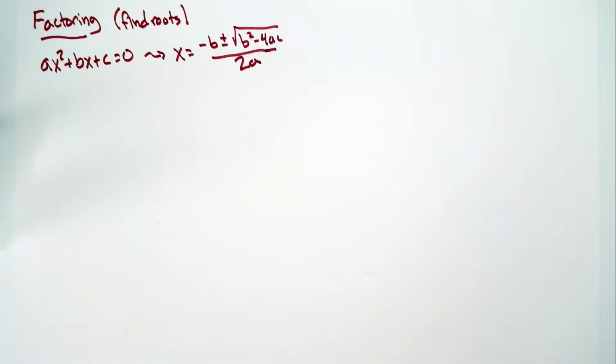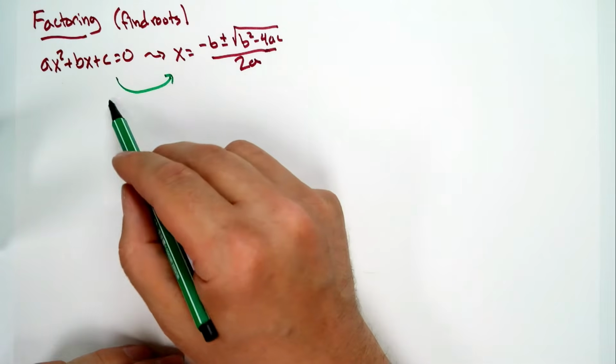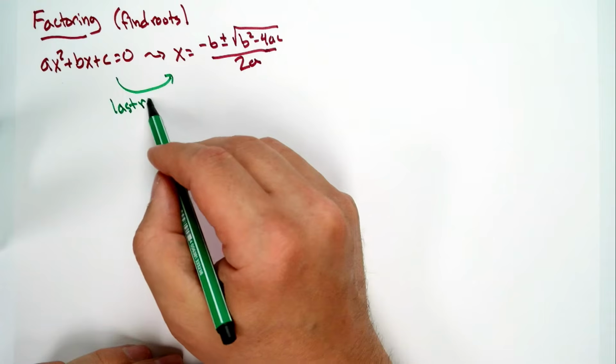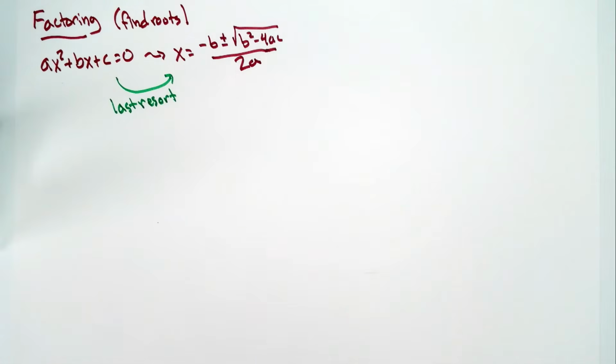Can you use this? Yes, absolutely. And once or twice you might even need to use this. But this should be sort of a last resort. Only if you can't see what to do with factoring do we resort to the quadratic formula, because oftentimes what we're dealing with is a much simpler thing to work with. And so we'll try something else.